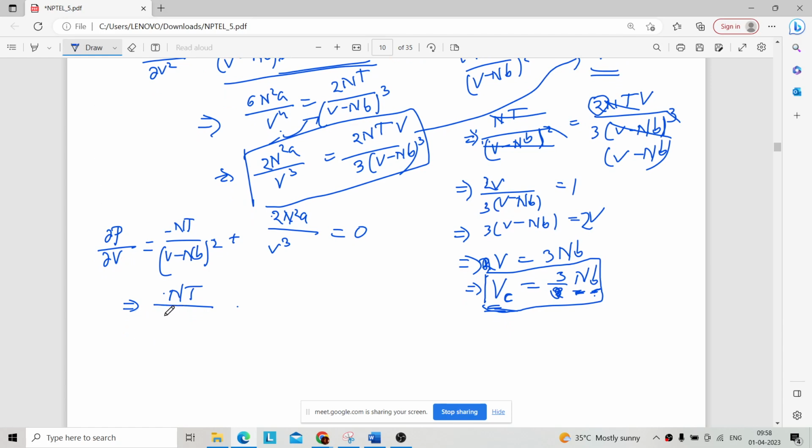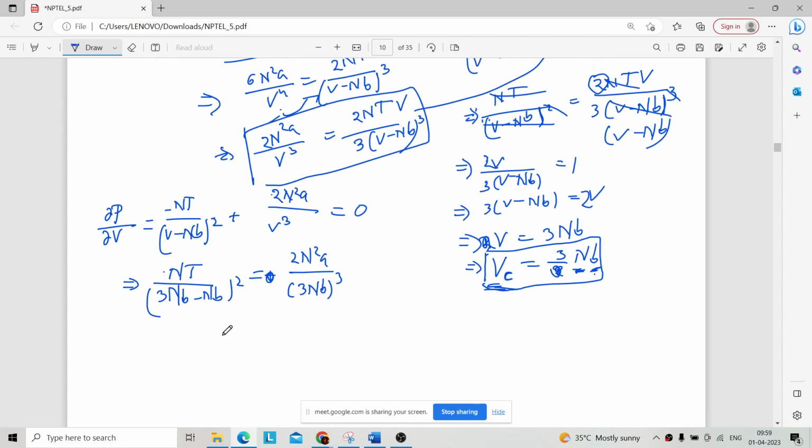So this B is 3NB minus NB whole square plus 2n square A over B is 3NB. It is equal, because there is a minus here. If I take it to the right hand side, it will be plus.